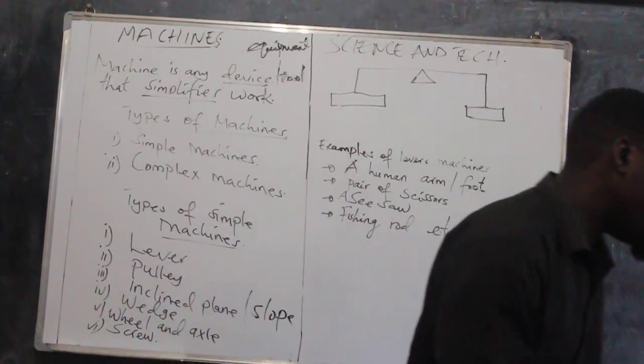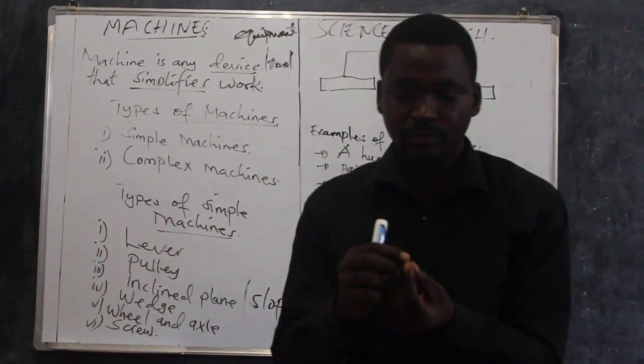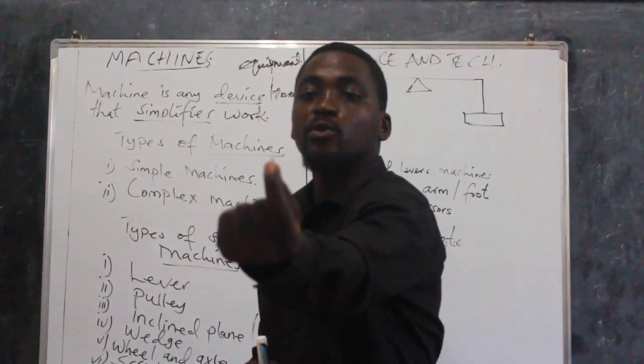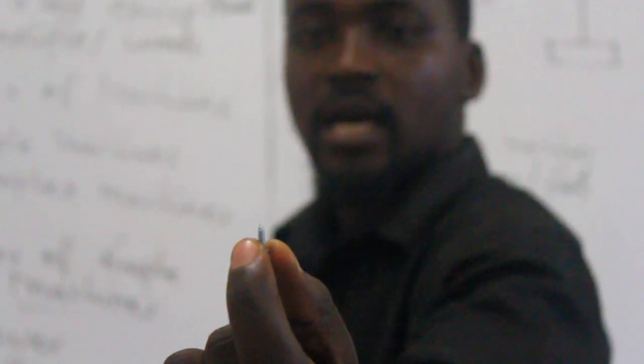Another type of simple machine that I've brought today is a screw. A screw is used to fix two things together.